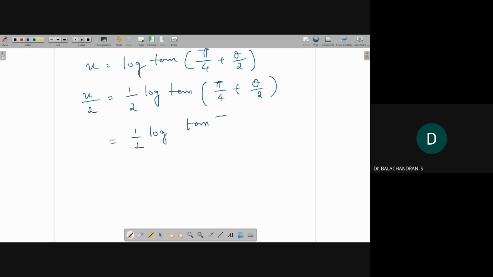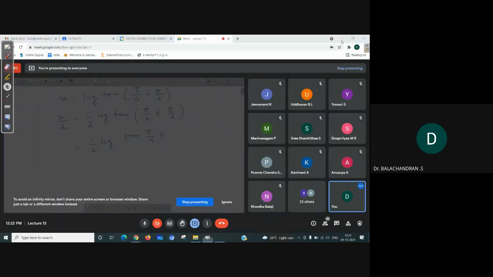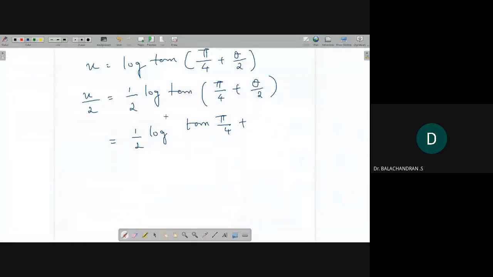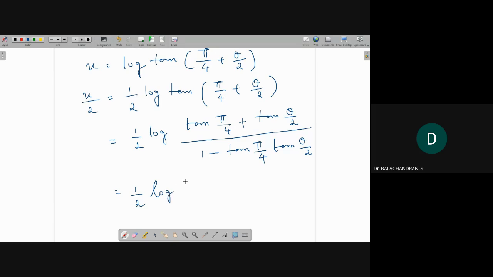Tan A plus tan B divided by 1 minus tan A into tan B. Okay, so now this is equal to 1 by 2 log of tan pi by 4, which is 1, plus tan theta by 2, divided by 1 minus tan pi by 4, which is 1, into tan theta by 2. Okay.